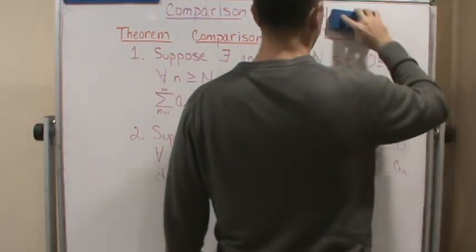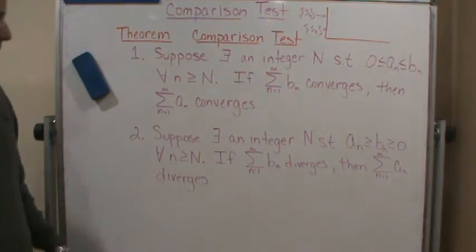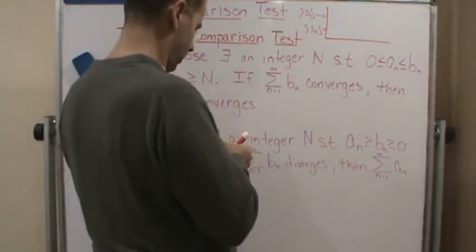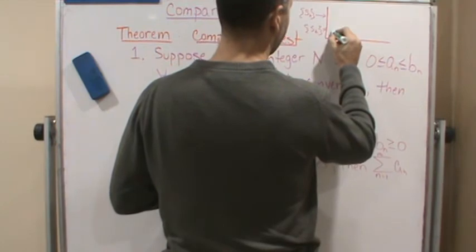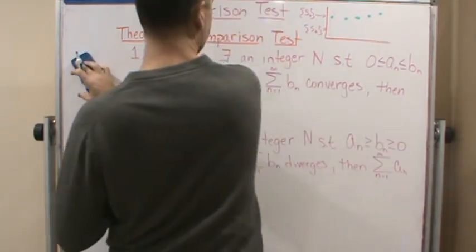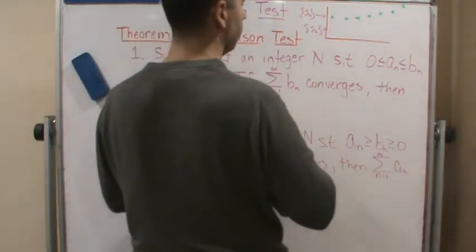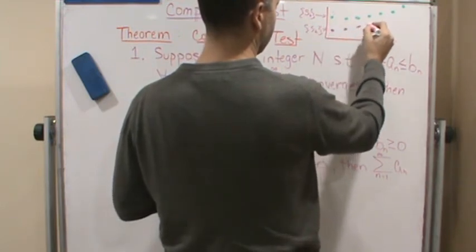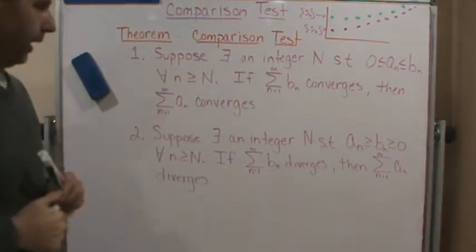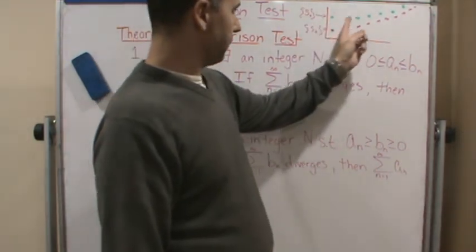similarly, if we have case 2, and we have something like this, where a sub n is always bigger than b sub n, like for example in this case here, right?